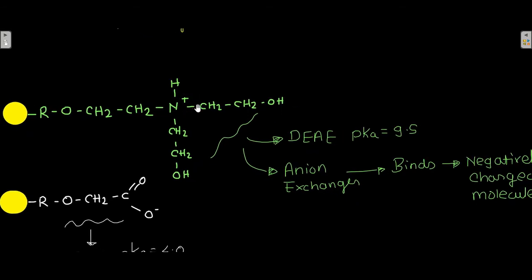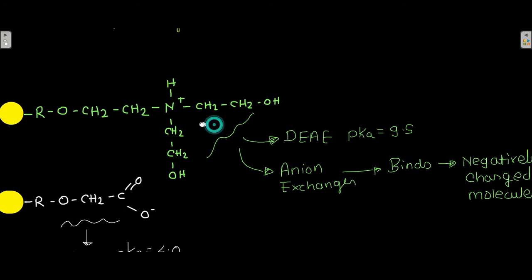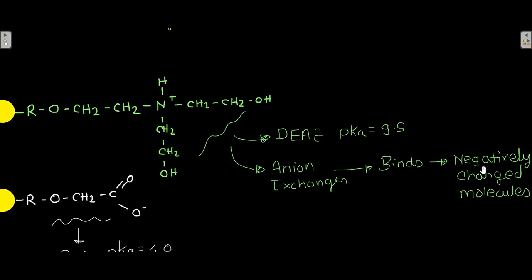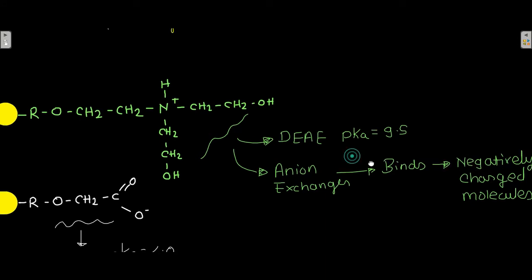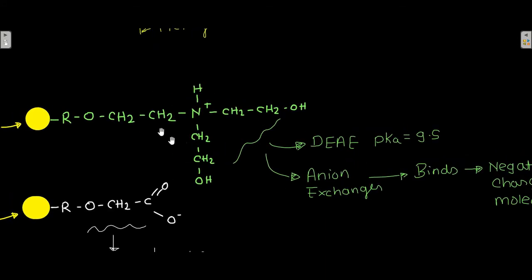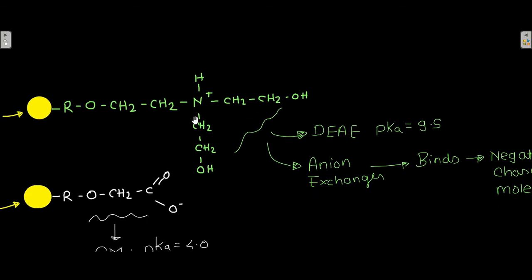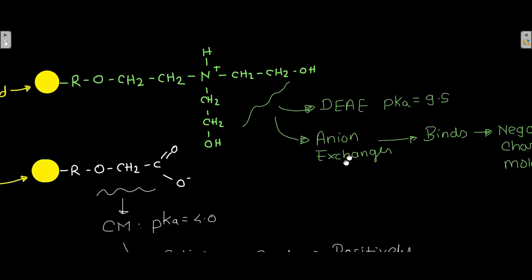That is the reason why it will bind to negatively charged molecules, that is, it will bind to anions. So because of this functional group present here, this is an anion exchanger.